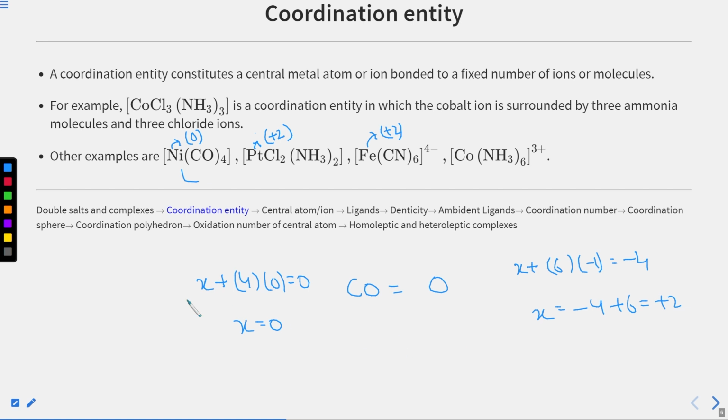Here, let X be the charge on cobalt, NH3 has a charge of 0, ammonia is a neutral molecule, and the overall charge is given as 3 plus. So that would bring us to +3. So this is +3. Now I would suggest you try to find the oxidation number for any complex that you see, and that is a good practice to do.